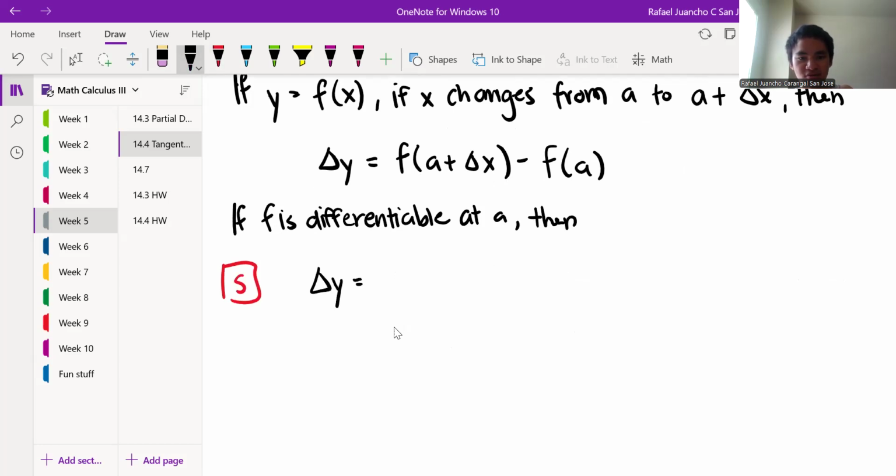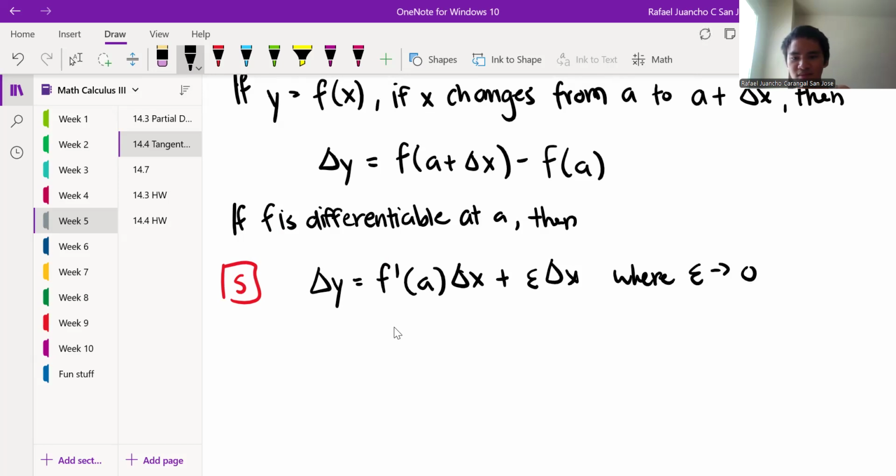My Δy, or change in y, is f'(a) Δx plus ε(Δx). To be precise, my ε goes to 0 as my Δx goes to 0 as well. Now let's consider a function of two variables.